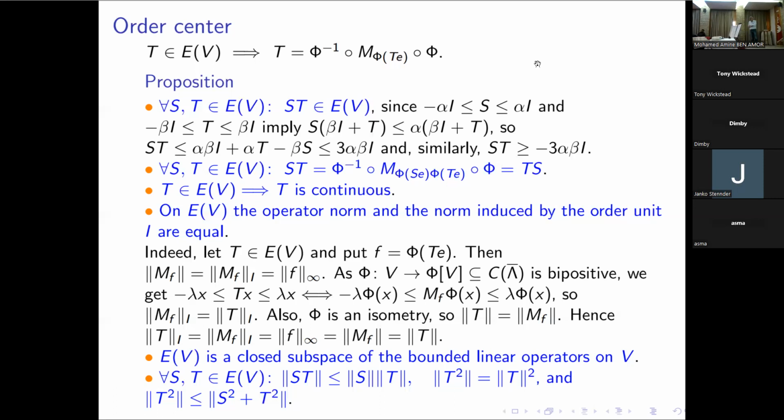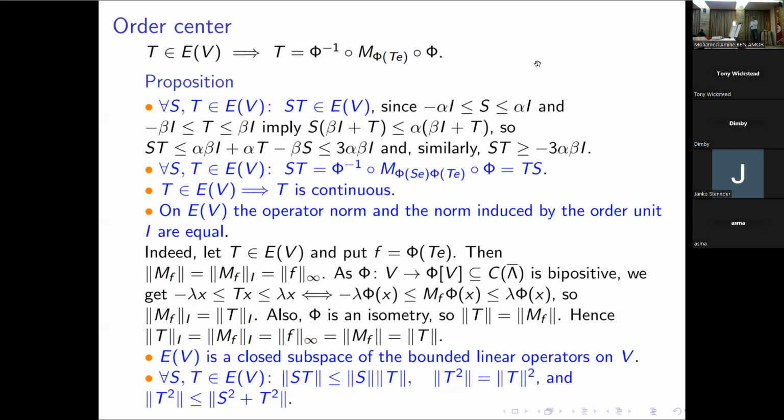So then we can multiply this inequality by that positive operator that preserves the inequality. That's what we have here. And then we can get the ST to one side and all the other things to the other side. And we can estimate then by this multiple of the identity. And we can do the same with the other inequalities. So we get the estimate from below. So here we can see that the composition of two things in the order center is in the order center.